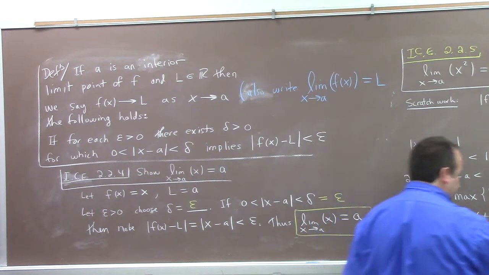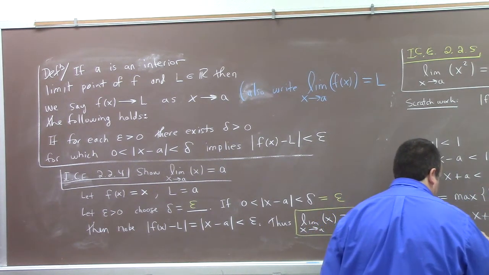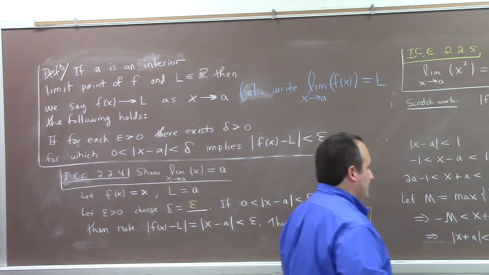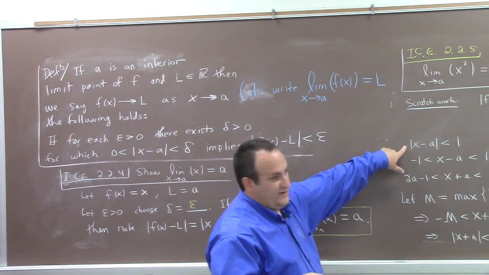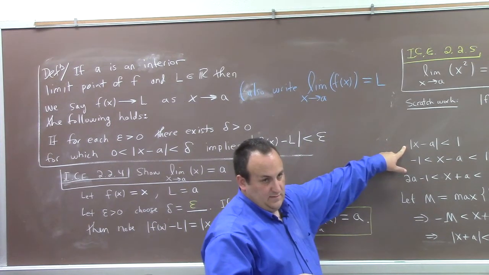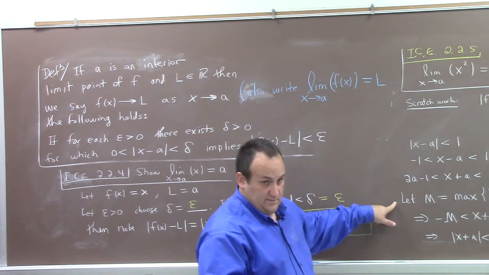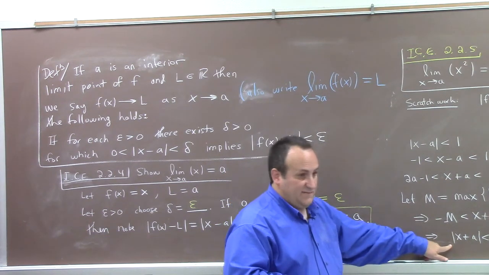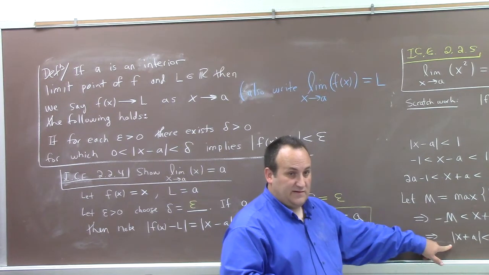And so this gives me that the absolute value of x plus a is less than m, right? So if I have this condition, and I define m as such, then I can control the size of x plus a as at most m. And m is a positive constant, right?